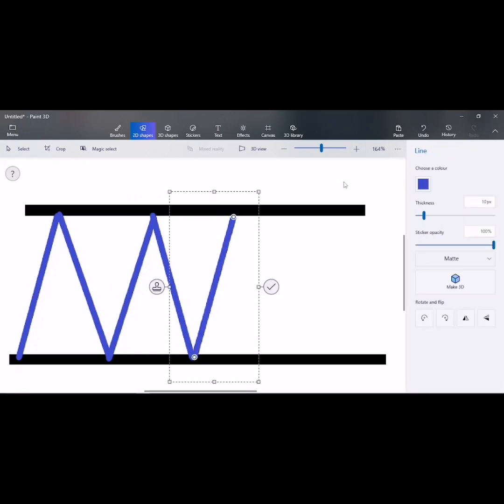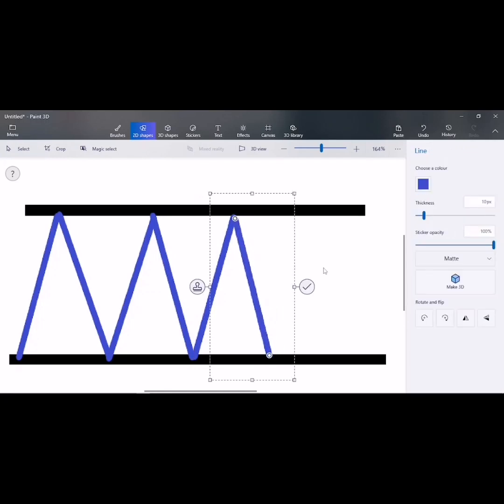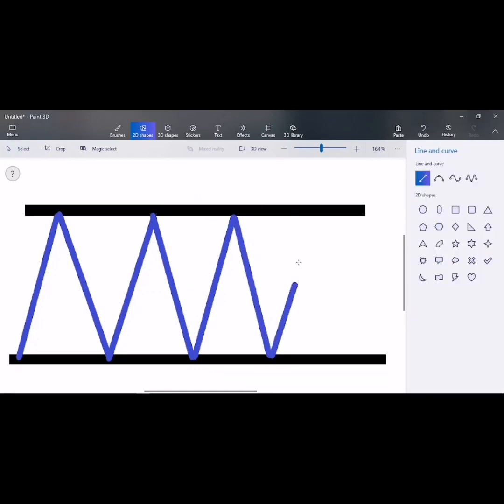So as you can see, our trend or our sideways market is starting to take shape. This is very simple. It's your usual up and down trend.